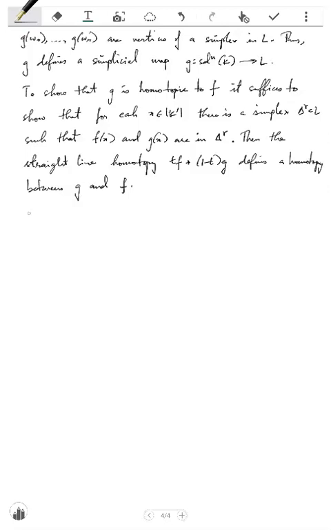So for a simplex delta R in K prime, define the interior of delta R to be equal to delta R minus the boundary of delta R. So when R is equal to 0, the boundary of delta R is empty.